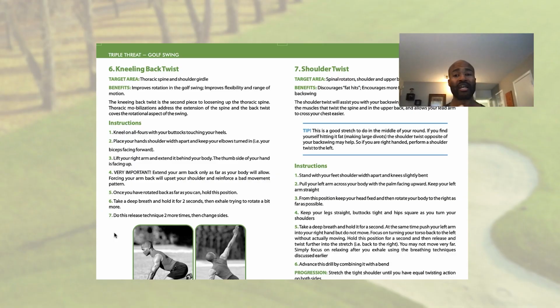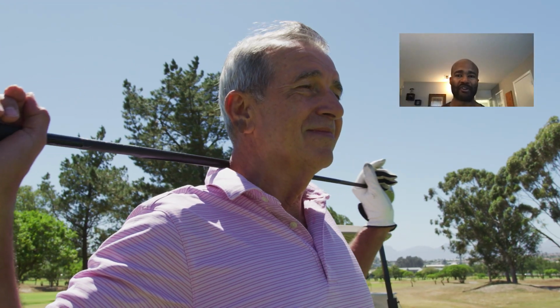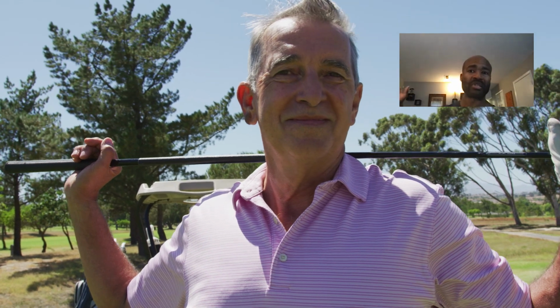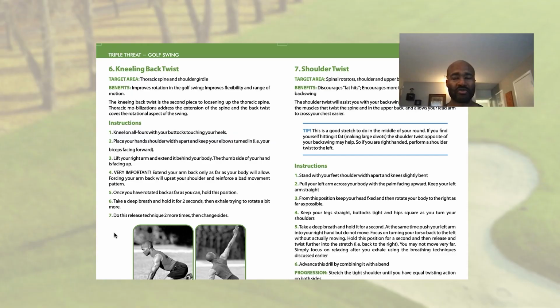It also, at a fundamental level, gives you a little bit of strength and additional mobility at the top of your backswing. It retunes all of those extensor muscles. There's a lot of little subtle benefits that I can get into, but that's why this drill is immediately after the thoracic mobilization. So there's a method to the madness, right?